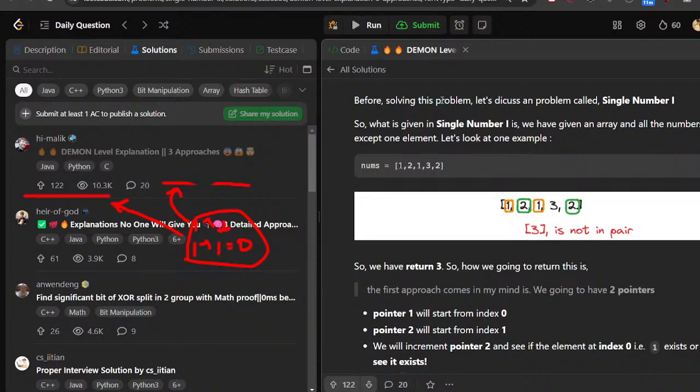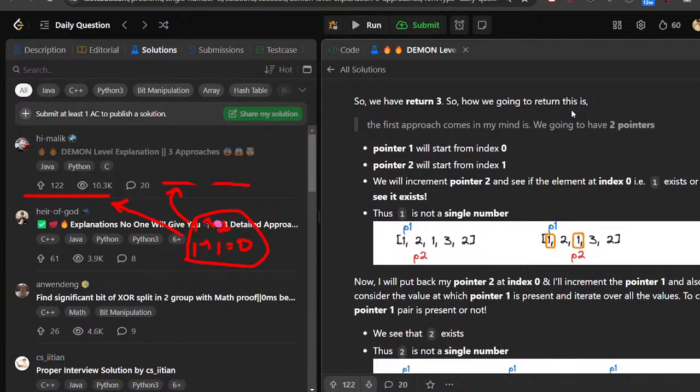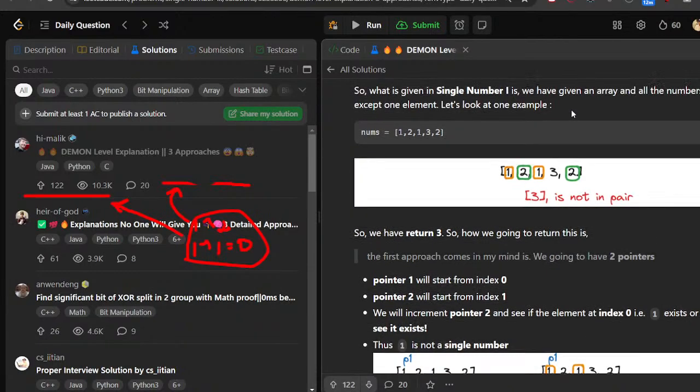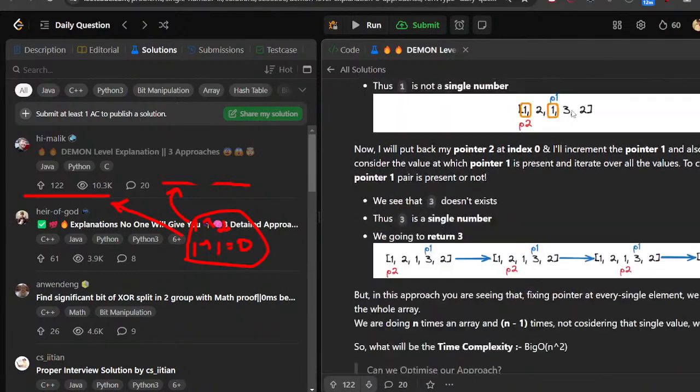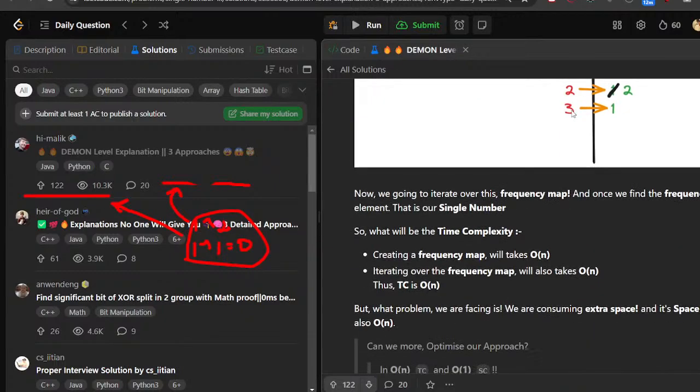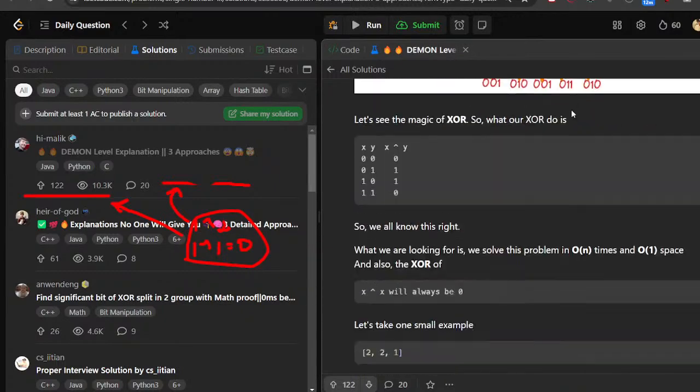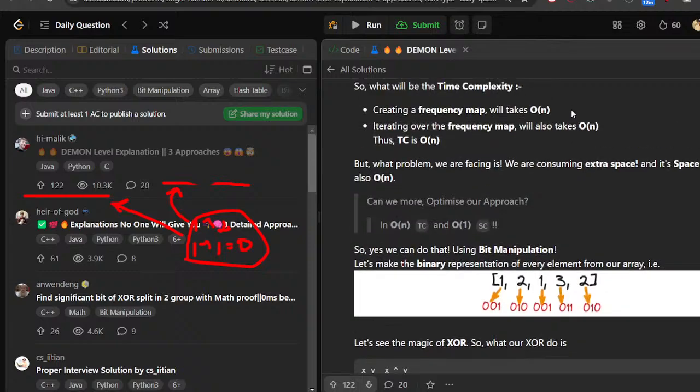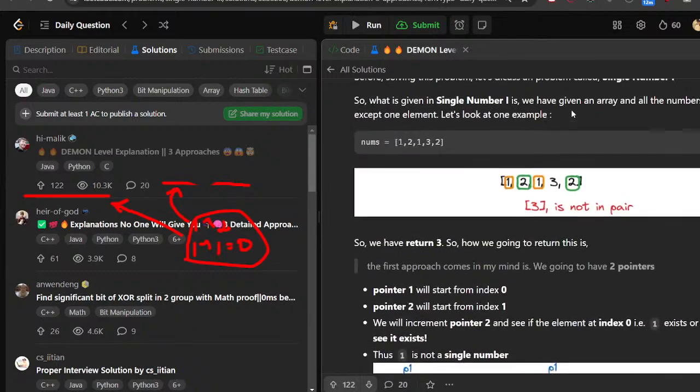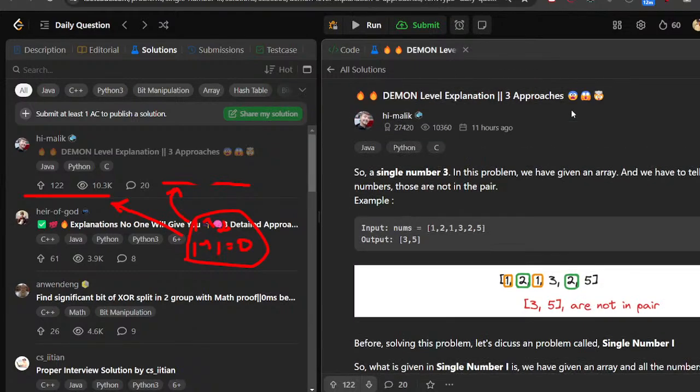Before solving the problem, let's discuss Single Number 1. This is the main crux, I think.